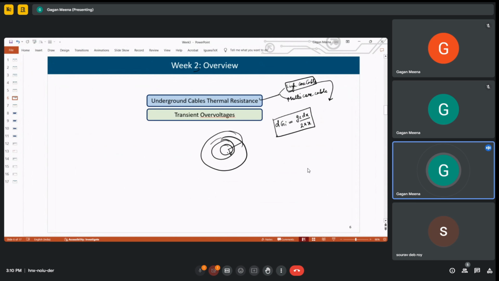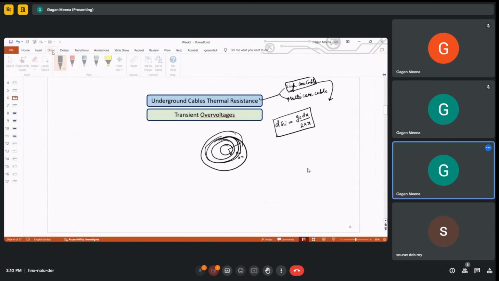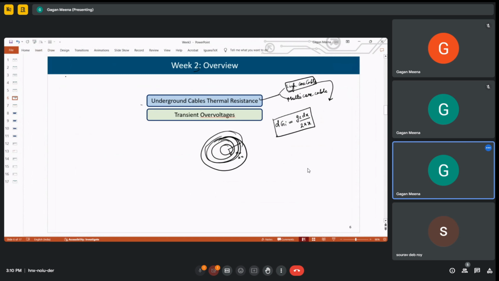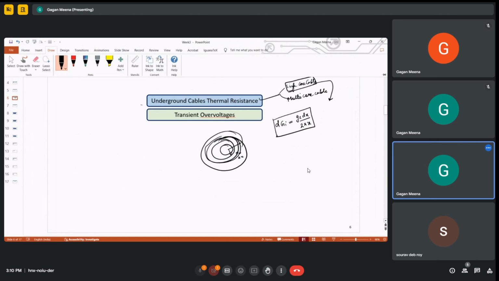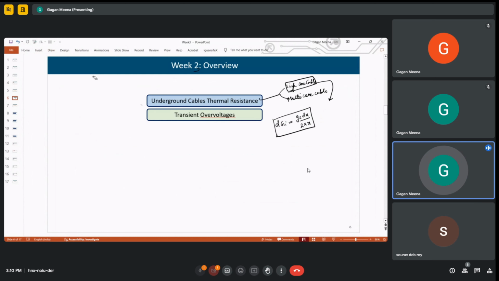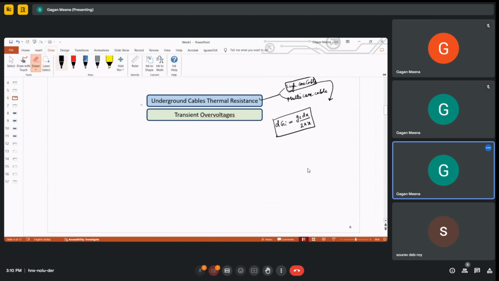We can have a small strip of delta x length, over which we can integrate to find out the final thermal resistance.